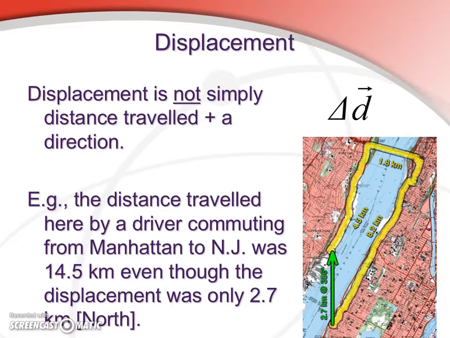When he's finished, he's driven 14.5 kilometers, but his displacement is just 2.7 kilometers north. So there's lots of distance traveled, but really a pretty short displacement. The result was relatively small. And this is the important distinction.